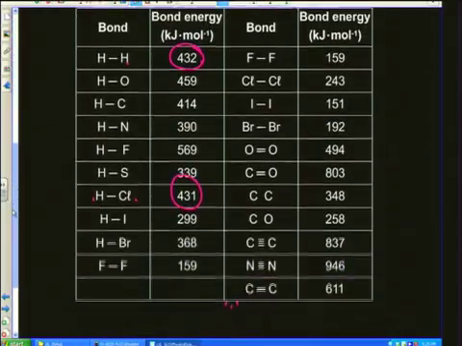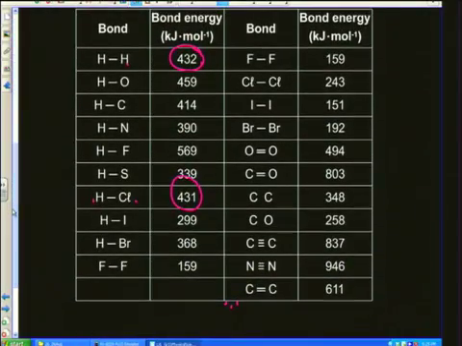I've got HCl, so I would take that energy to break that bond because that bond is going to be broken. It's part of the reactants. Part of the reactants, I've got HBr. We need that energy to break that bond, so I've placed it on that page.